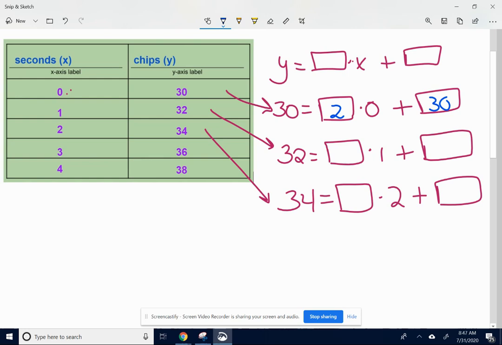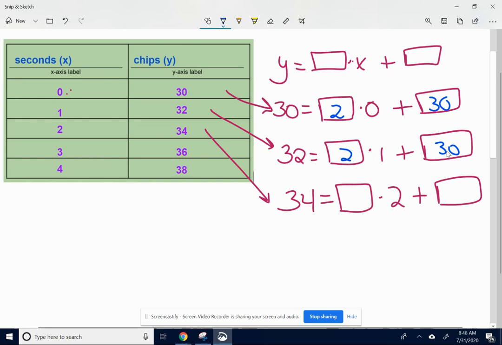Look what happens here. 30 is equal to 2 times 0 plus 30. What's 2 times 0? 0. So 30 is equal to 0 plus 30. See, that's true. Let's put 2 in the middle and 30 at the end again. 32 is equal to 2 times 1. 2 times 1 is 2 plus 30. 32 is equal to 2 plus 30.